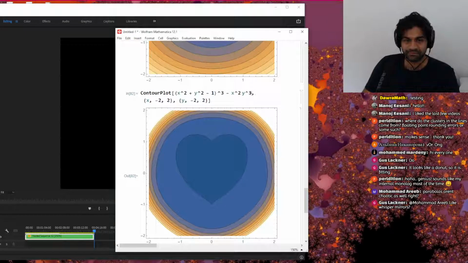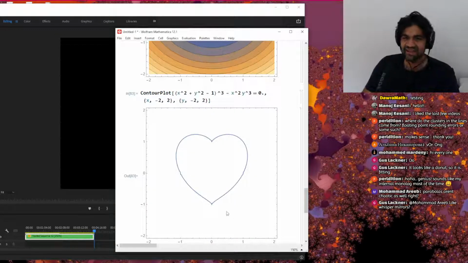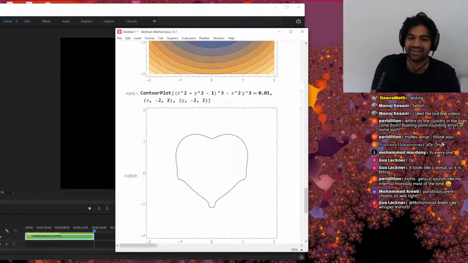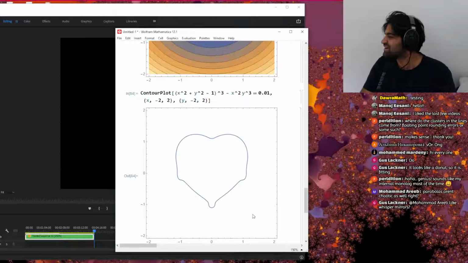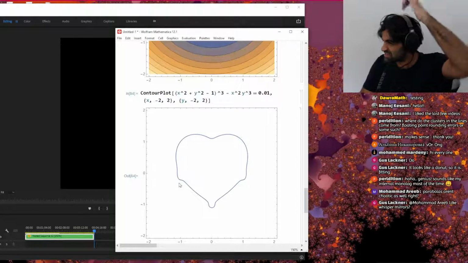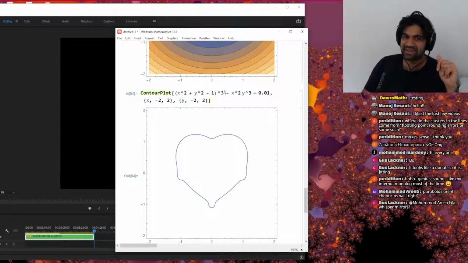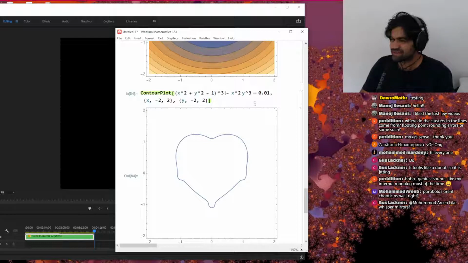The problem is, for example, if you plot this contour at 0, like if you set this equation equal to 0, you get a heart, but if you set it equal to like 0.1, it doesn't look like a heart anymore. So my little trick of using the nearby reflections would not work on this shape. You would have to come up with a good implicit equation for a heart.